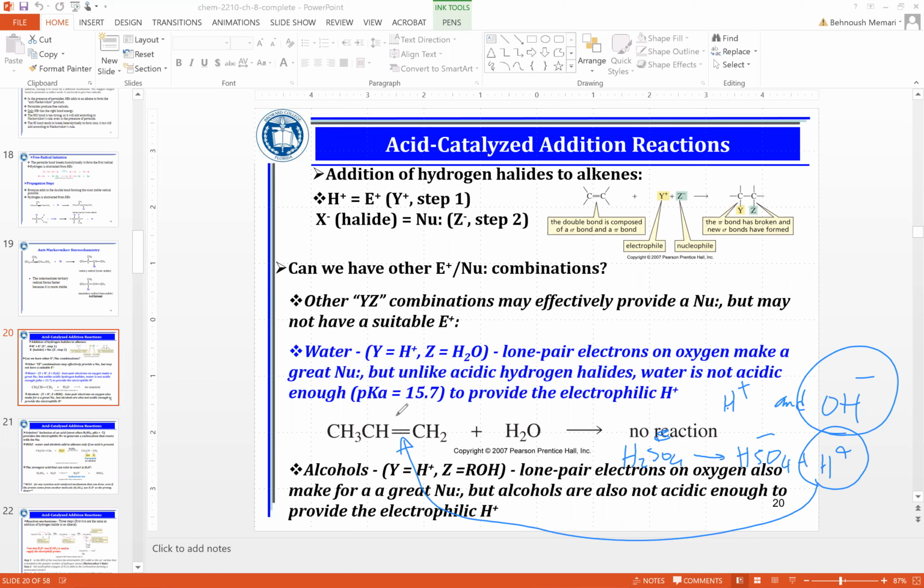If you go from electron rich to electron poor, the carbon-carbon double bond is going to attack the H plus, or you can say that the alkene is going to be protonated. And as soon as the alkene is protonated, it's going to form a carbocation.